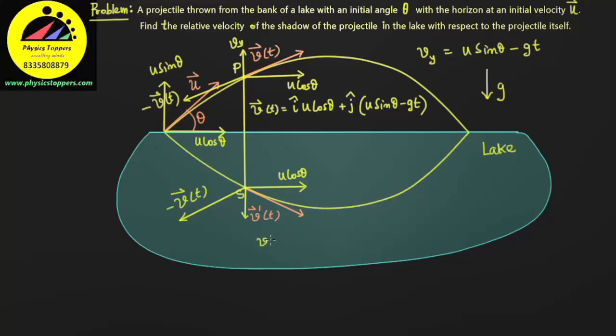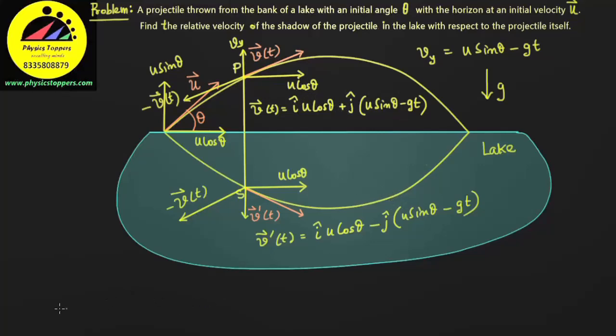So v prime of t is i cap u cos theta minus j cap (u sin theta minus gt). Now what is minus vt? If you know vt, minus vt is just all these expressions with a negative sign.